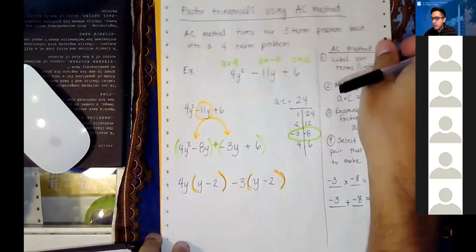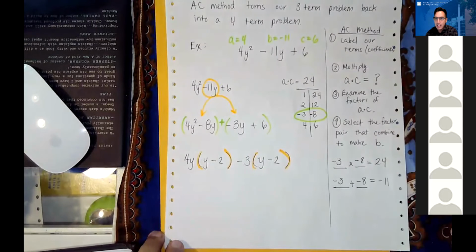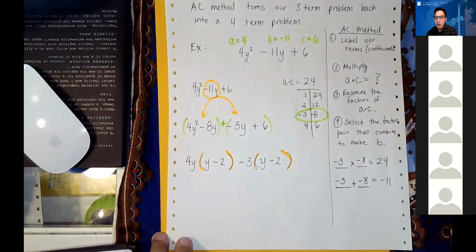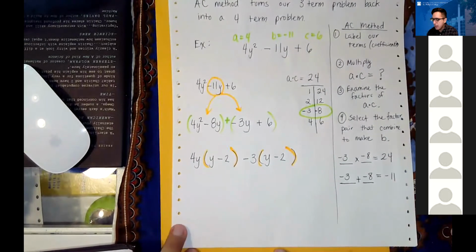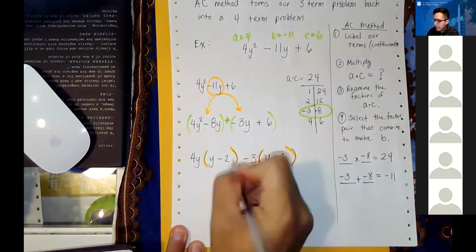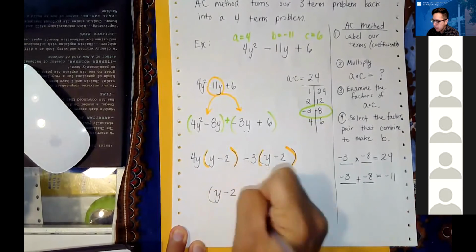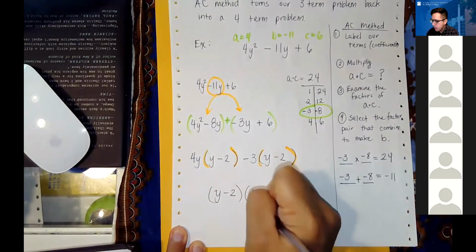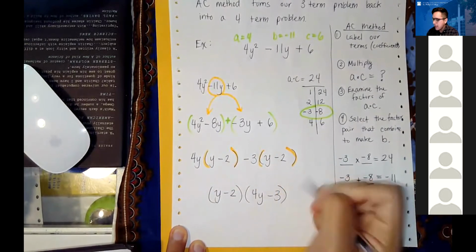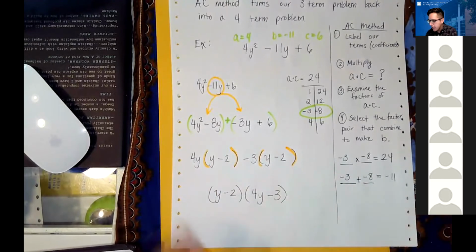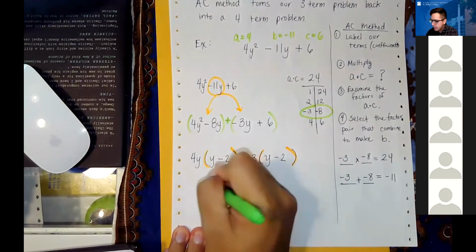Otherwise you've done something wrong or have to do some sort of finagling to make them look more similar. But since we're good here, we can say that y minus 2 is the greatest common factor, so we're going to factor that out, and then 4y minus 3 is the remaining factor, and we're done. That's the process.